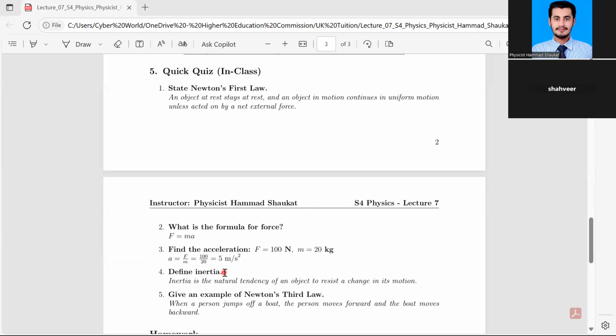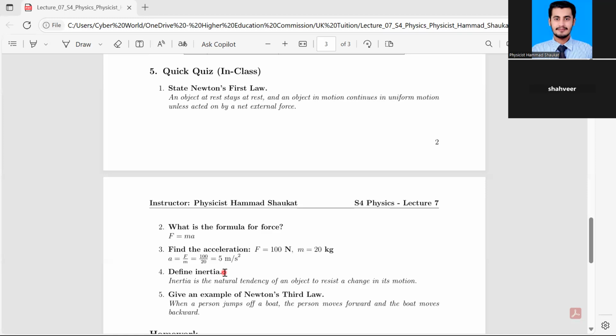One thing more, if you apply more force, the acceleration should be less or more? What is the relationship between force and acceleration? Direct or inverse? Direct. Yes, direct. Now tell me, if you apply more force, the body will accelerate with more acceleration.